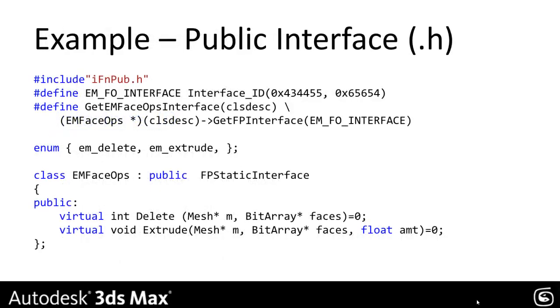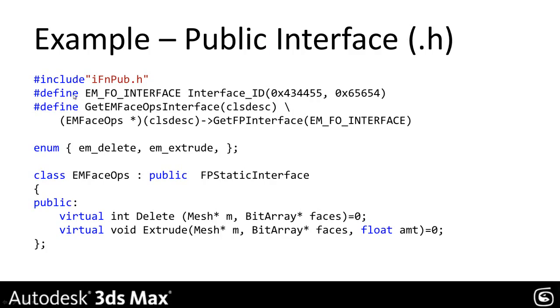So here's a quick example of your public interface. So this is what you would create in a separate header file, and this is what you would hand out to another plugin to be able to call into yours. Or this is what you would use to share your interfaces in different DLLs within your own product.